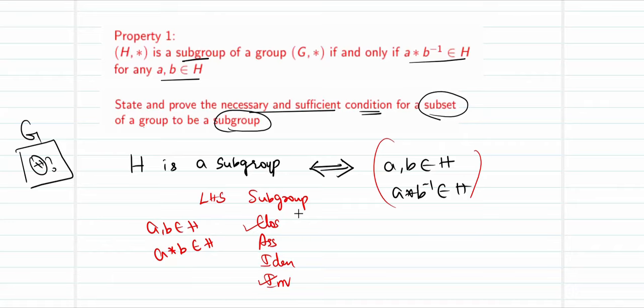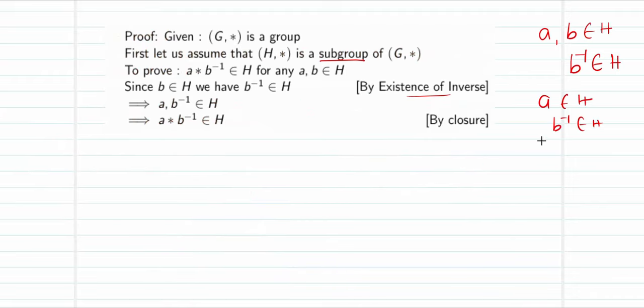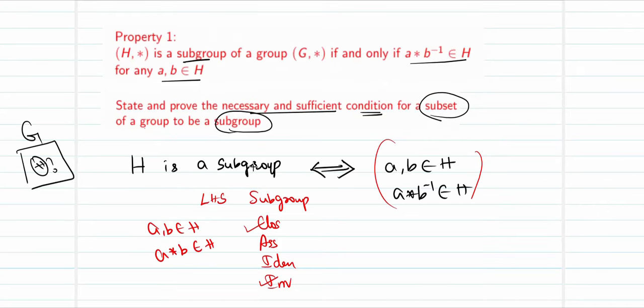So closure is going to be true, in which case for these two elements A star B inverse also belongs to H by closure. So what we have finally proved is A star B inverse belongs to H. Where did we start? We started with H being a subgroup, and we proved A star B inverse belongs to H.